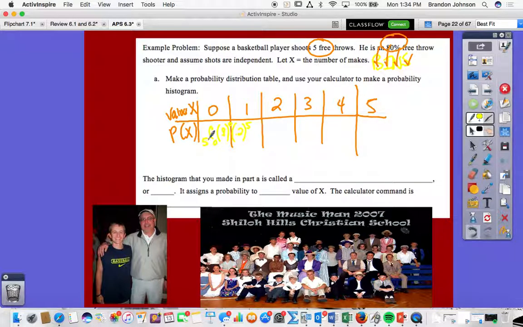And once I do that, I get 0.00032, okay? Again, just make sure you recognize this. That's a huge thing. For 1, the only difference now is once I plug this back in, the 0 will turn into 1, and then this last one will turn into 4.